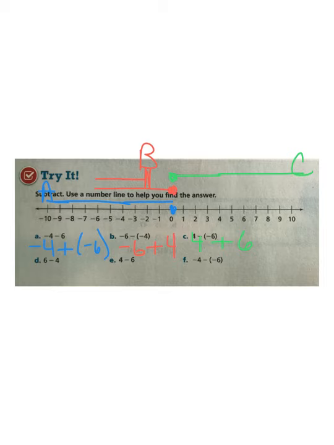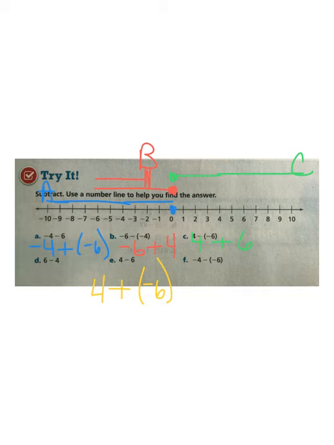I personally would not change the next problem because I think we all know what 6 minus 4 is in our head. The next one would be 4, change it to addition, and a -6.